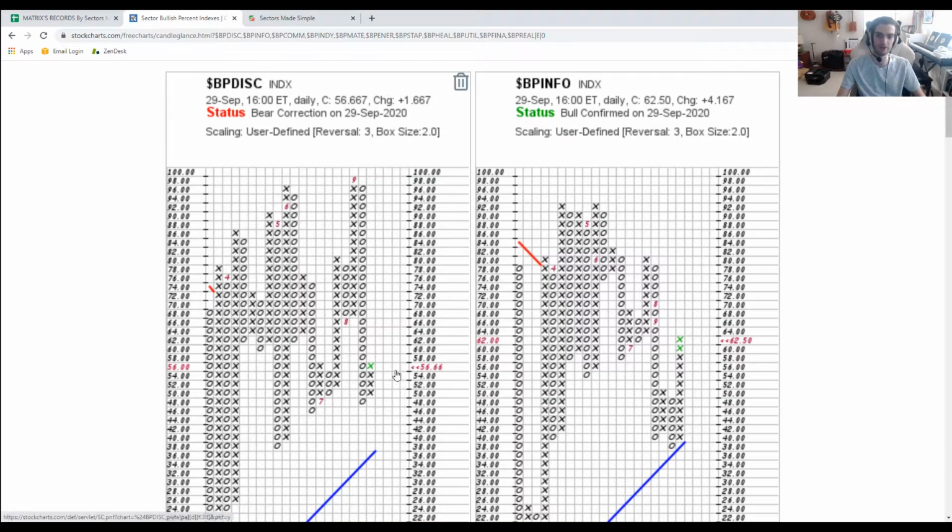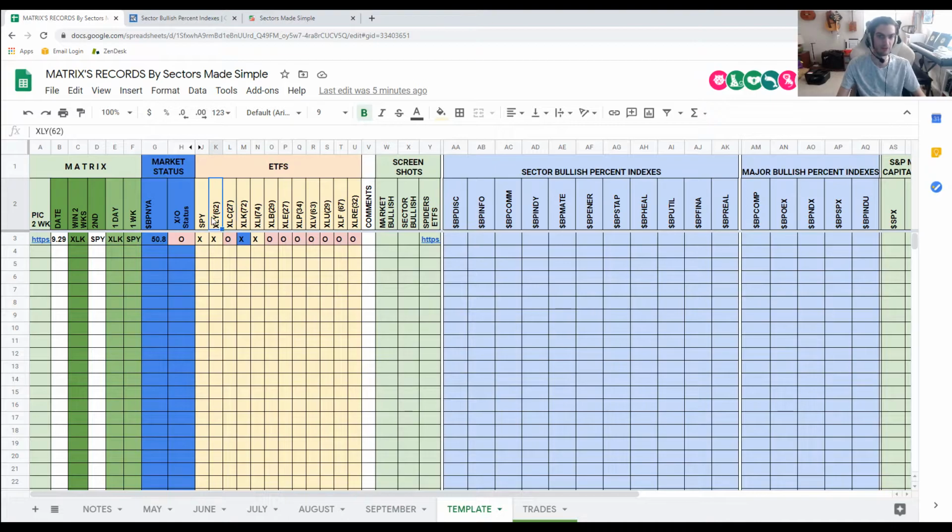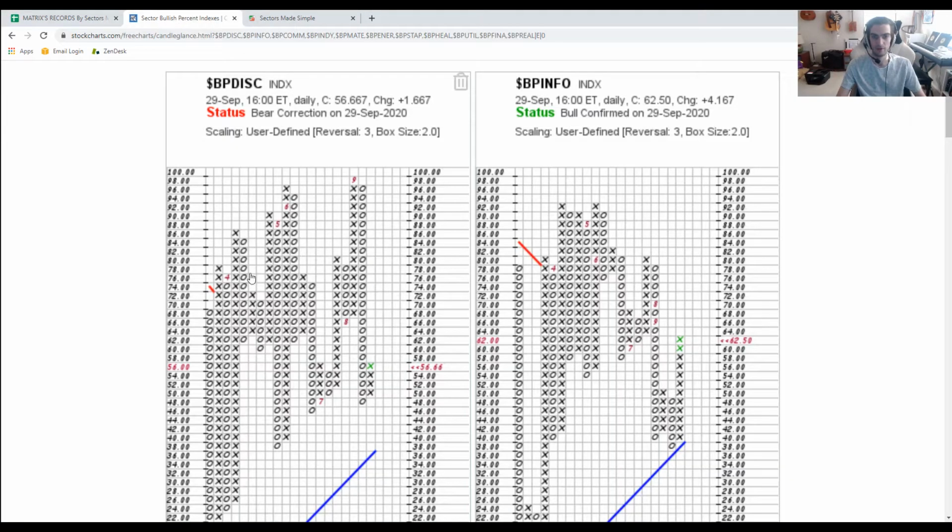So when it says discretionary is 56%, that means out of the 62 companies in discretionary, 56.66% of them are on a buy signal.